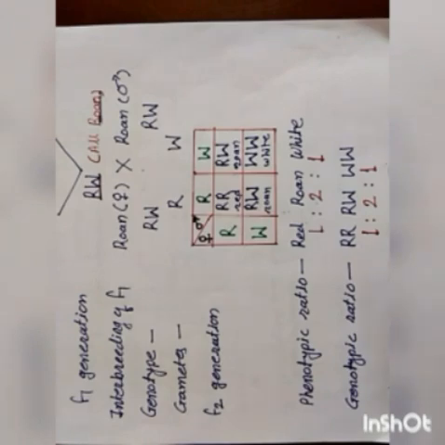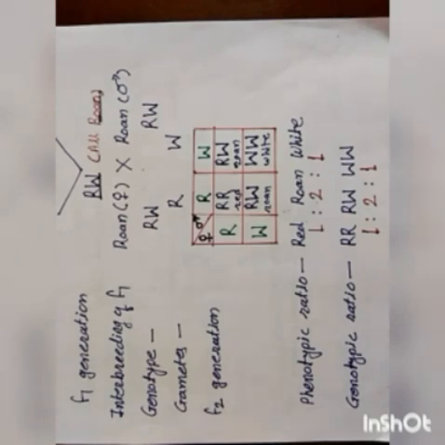In codominance also the phenotypic ratio and the genotypic ratio are the same, means 1:2:1. In incomplete dominance as well as in codominance, the genotypic and phenotypic ratios are the same, and these are 1:2:1.